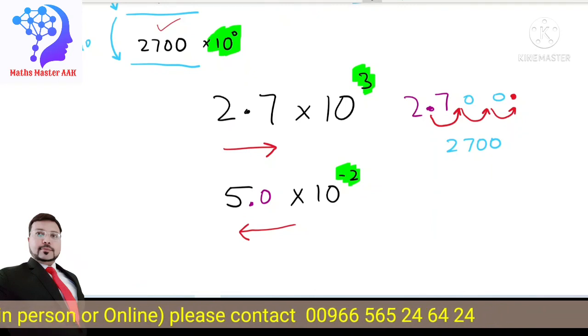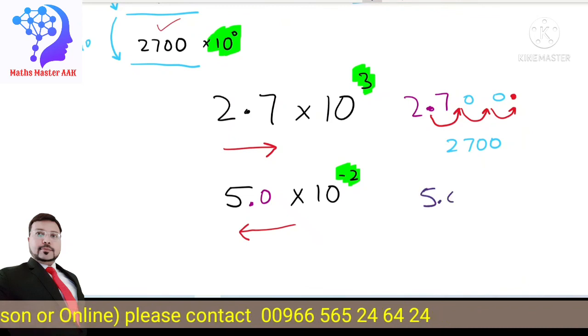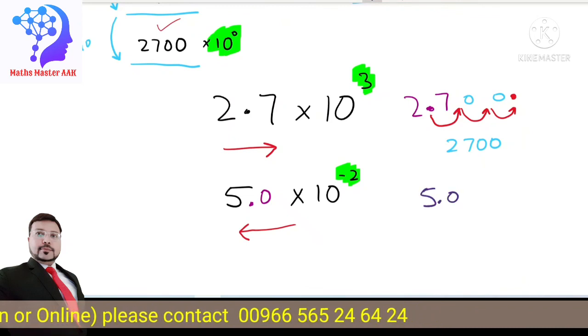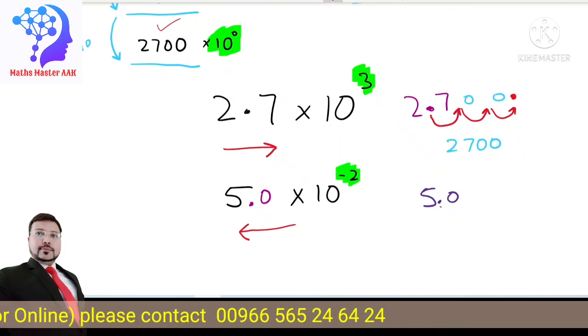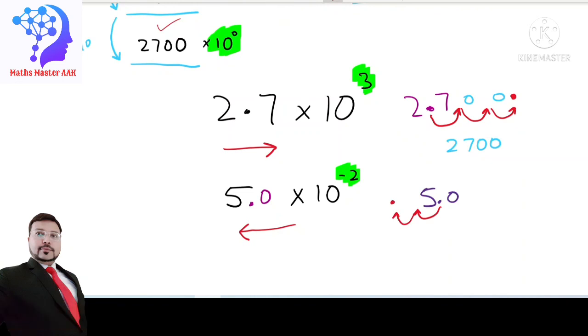Similarly, if you have the number 5.0, here you can see this one is 5.0. We will move the decimal 2 times. One time the decimal will be here, second time the decimal will come here, and we will again fill the empty space with 0.